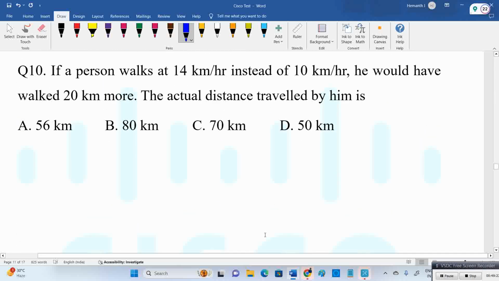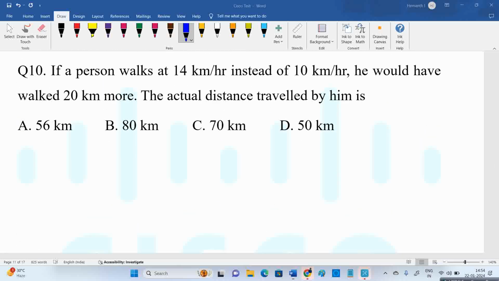What about this question's answer? If a person walks at 14 km per hour instead of 10 km per hour, he would have walked 20 kilometers more. Obviously, when speed is more, distance traveled is more. The actual distance traveled by him.